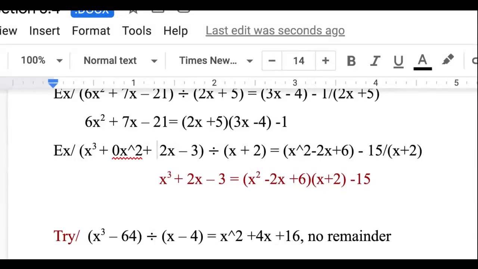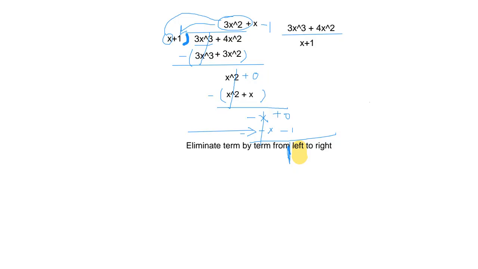Actually, let's do it on the whiteboard. So we have x cubed plus 2x minus 3 divided by x plus 2.